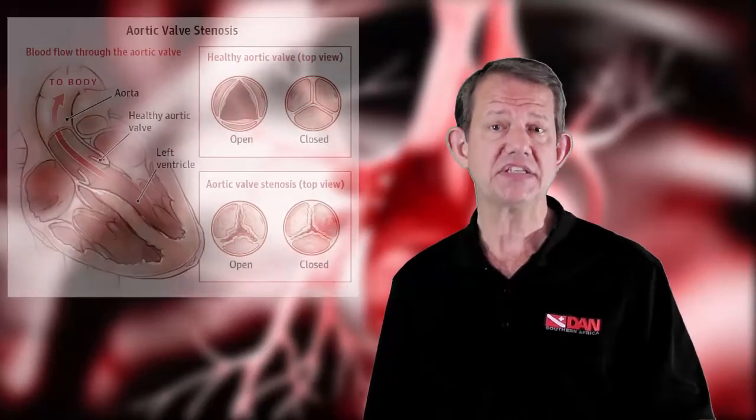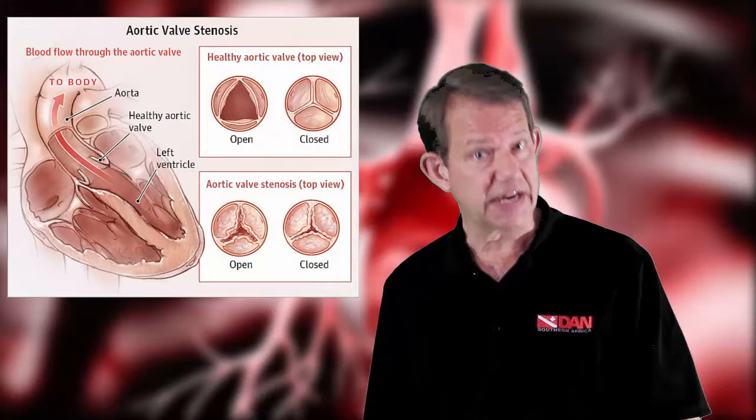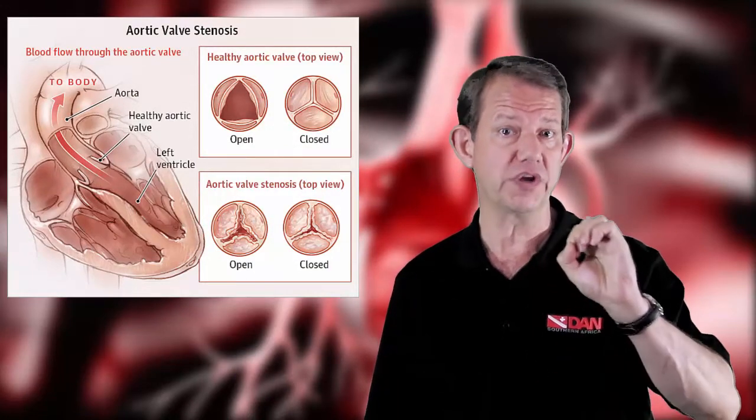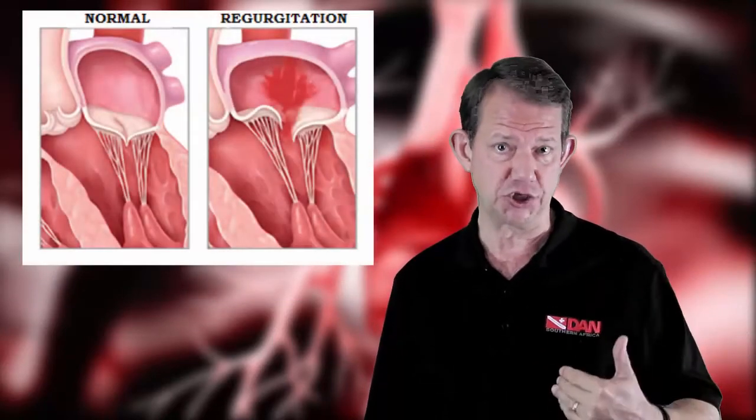Now, there are 2 fairly common valve disorders, particularly in older adults: aortic stenosis, in other words, the aortic valve is shrunk or narrow, and mitral regurgitation.